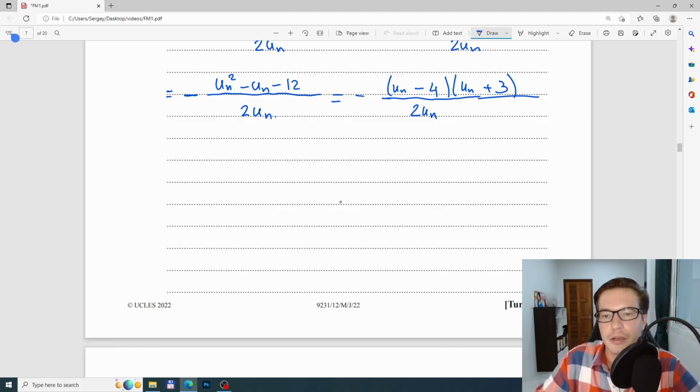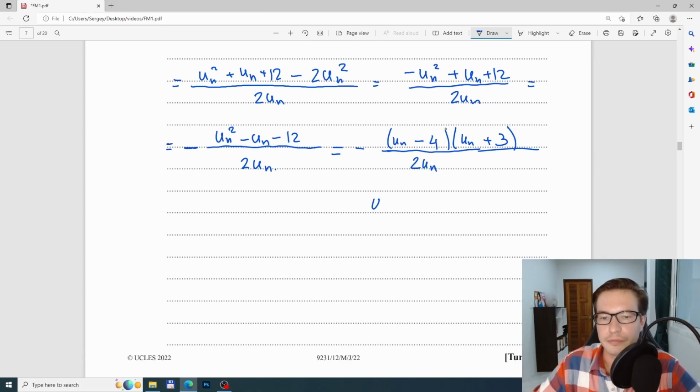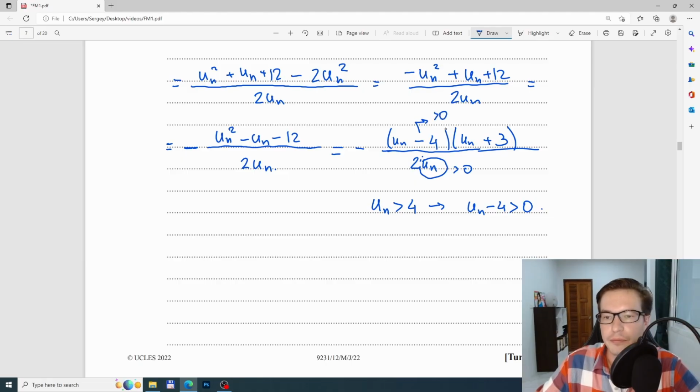Okay, so now we know that un is bigger than 4. So that means un minus 4 is bigger than 0. And of course, if un is bigger than 4, that means un is bigger than 0. So the bracket is bigger than 0. And because un is bigger than 4, that means un plus 3 is also bigger than 0.